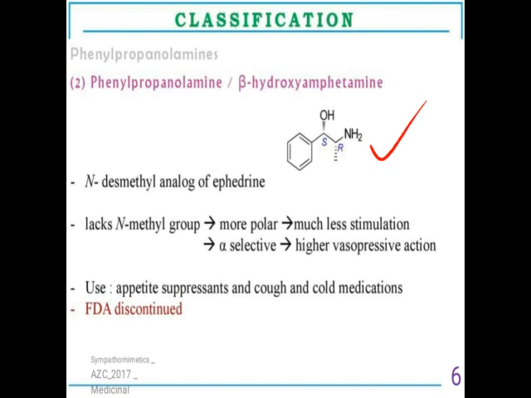There is much less stimulation, it becomes alpha selective, and it has higher vasopressor activity as compared to ephedrine. Generally, they are used as appetite suppressants and cough and cold medication. Still, this drug has been discontinued from use by the US FDA.